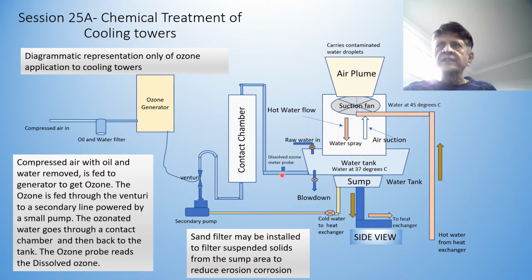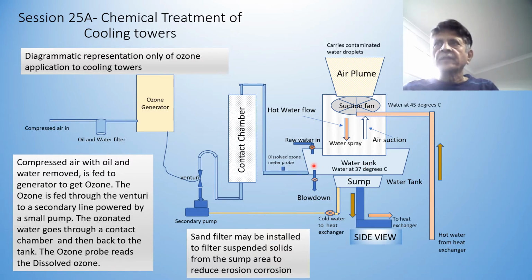You can have a dissolved ozone meter, or a redox meter, to indicate to you the quantity of ozone that has been injected into the system.